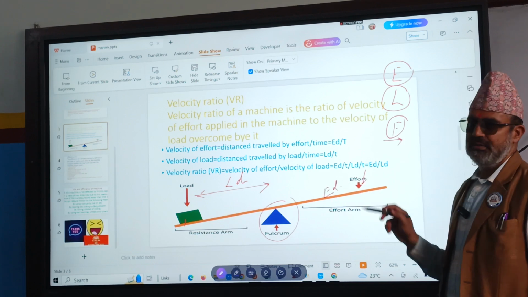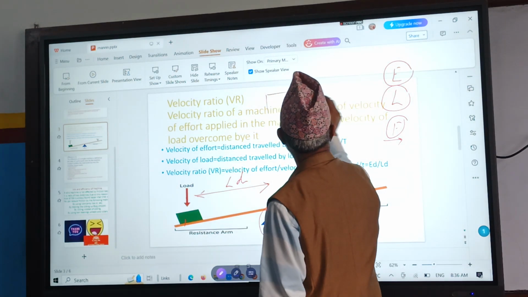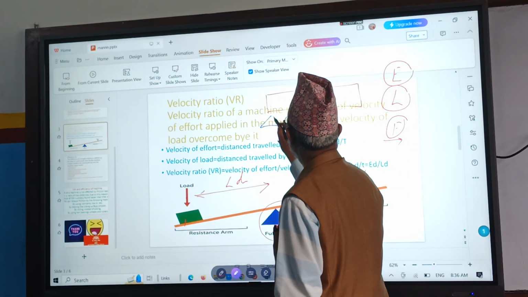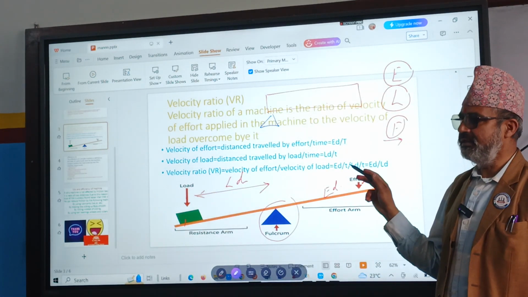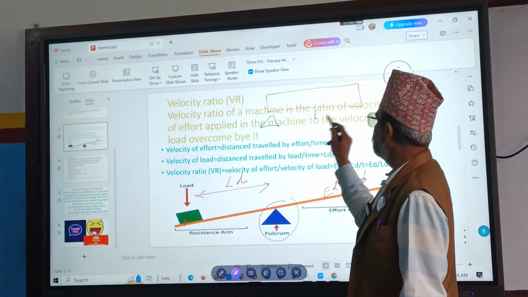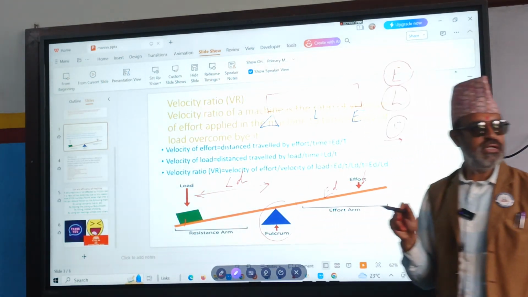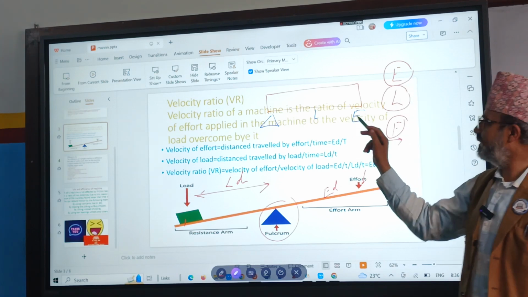But if the simple machine is done like this, where is the fulcrum located? At one end. Then what is here? Load. What is here? Now can you tell me what type of lever is this? FLE, right? So second class lever.